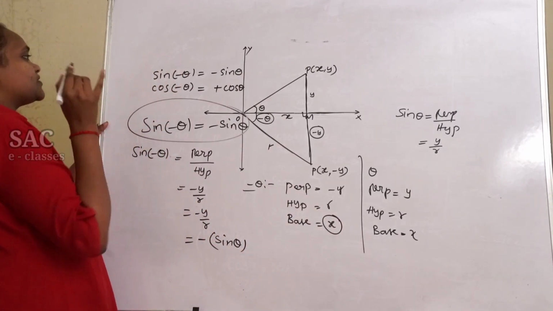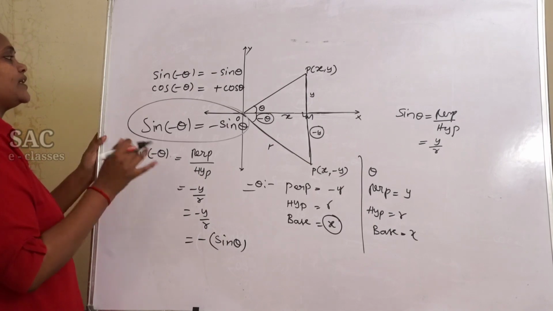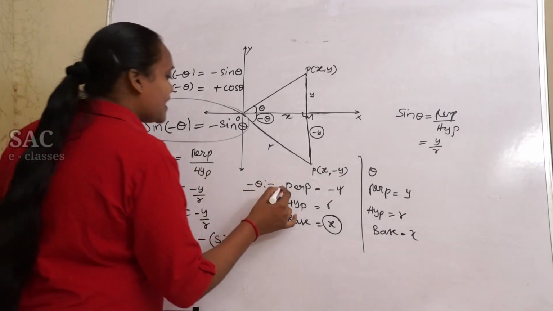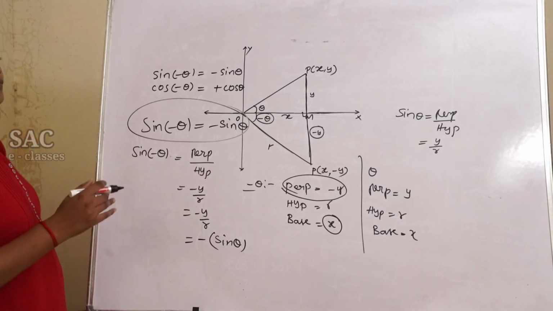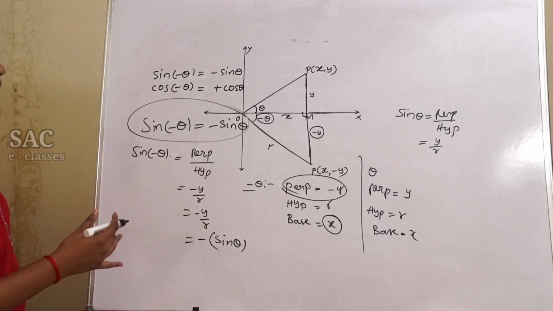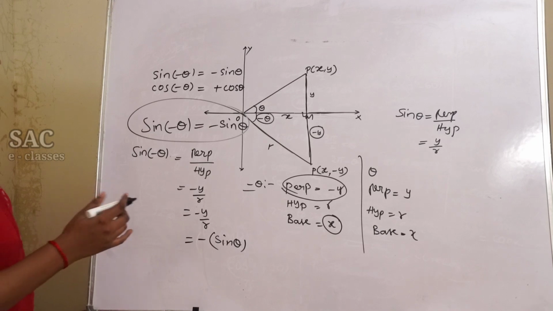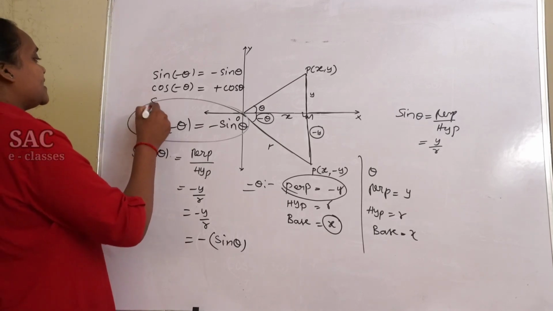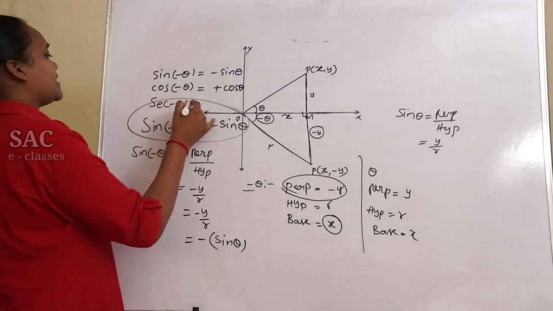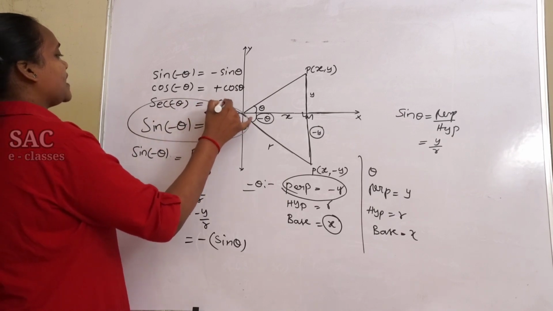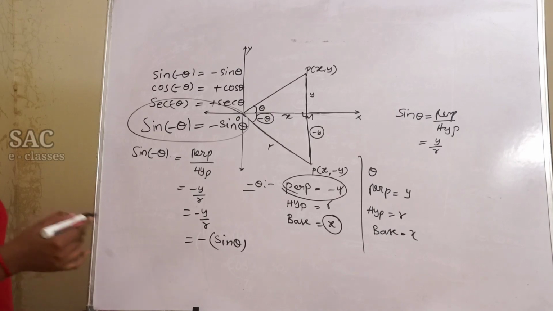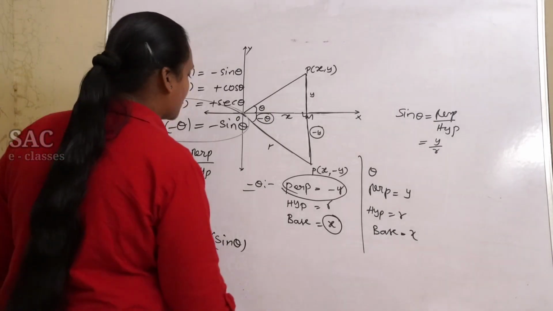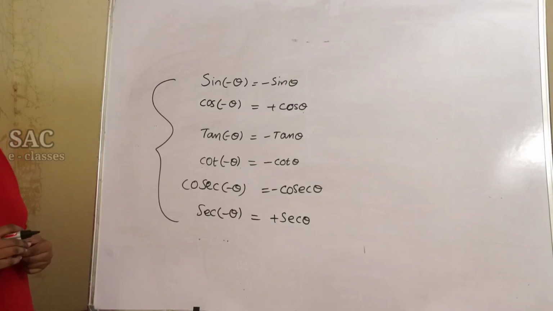That means the ratios related to the perpendicular side are negative, and those not linked with the perpendicular are positive. Nothing but cos and its reciprocal secant are positive in nature, even when the angle is measured in the clockwise direction, which we call the negative direction.